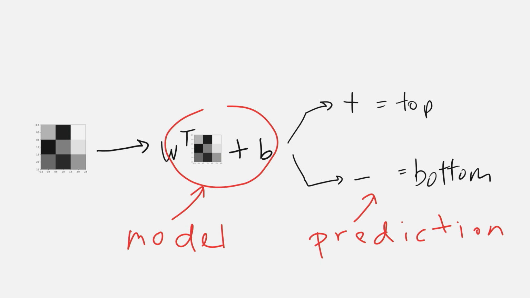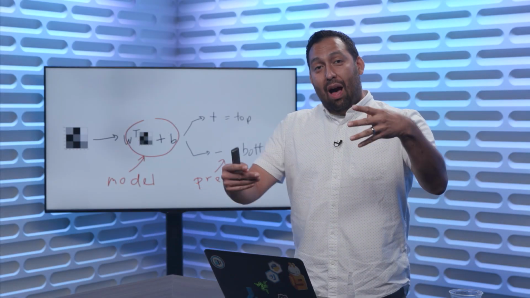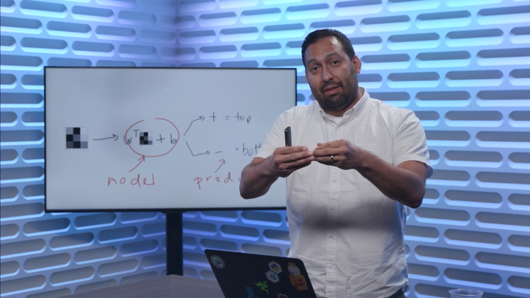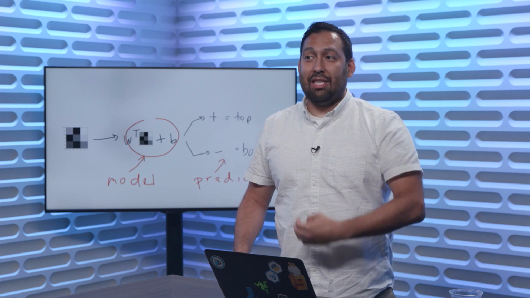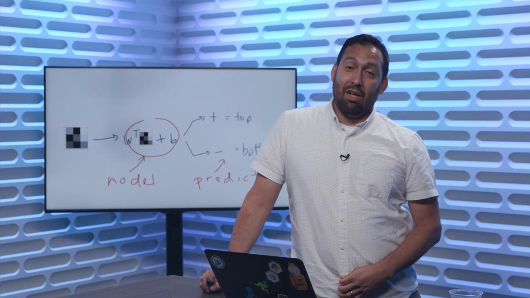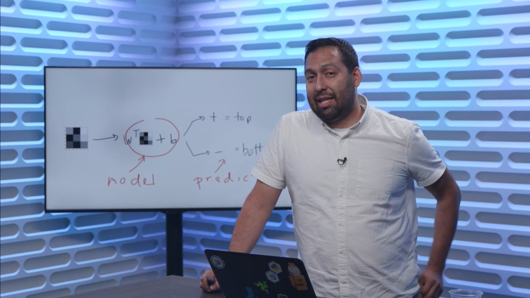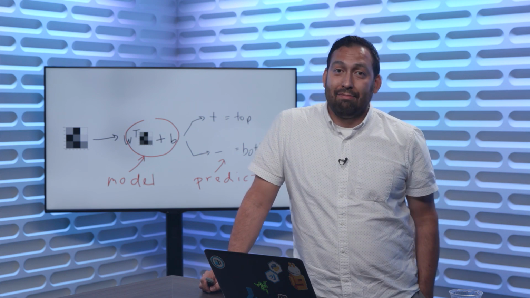That's right. I want to let you drink this in because this is fairly surprising, because now you're giving it a 9 square image. That little operation where you multiply the numbers together and then add them is called the dot product. Add the bias, and if it's positive, you guess top. If it's negative, you guess bottom. Those 9 numbers, well, 10 if you add the bias, is a machine learning model.